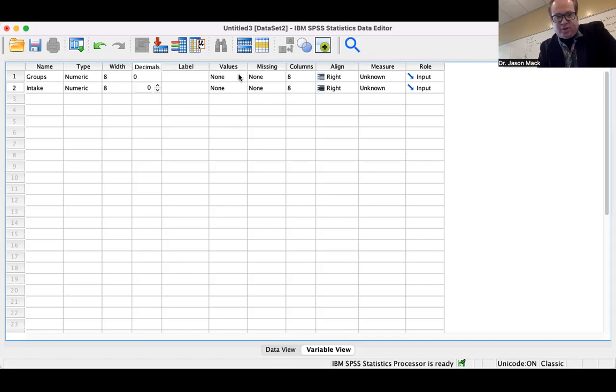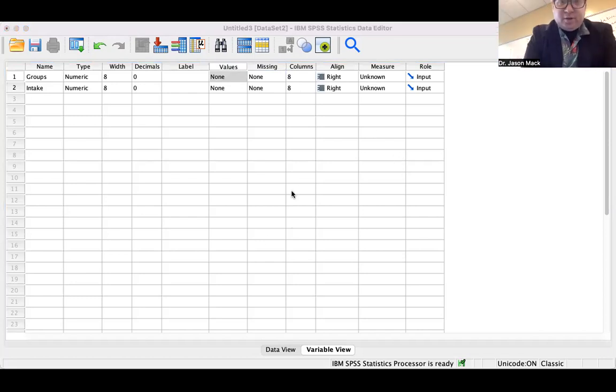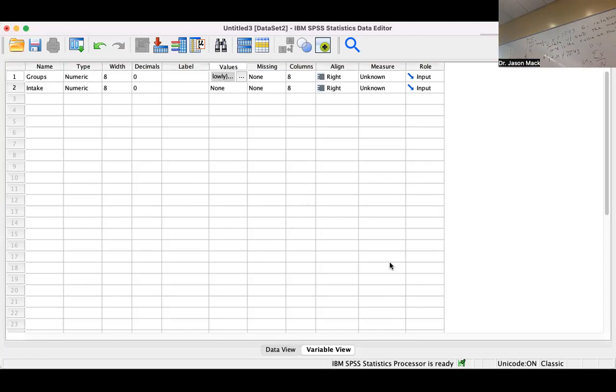So that looks like this. Values, value labels, add 1 slowly. Then we're going to add again 2 fast. Then we're going to say okay. Everybody following so far? Making sense?